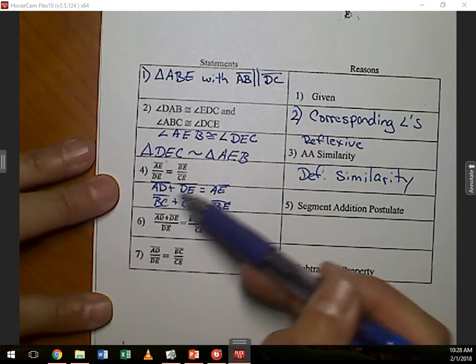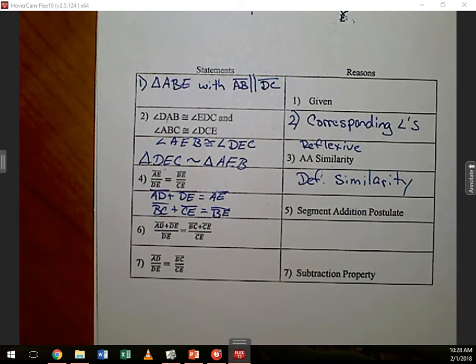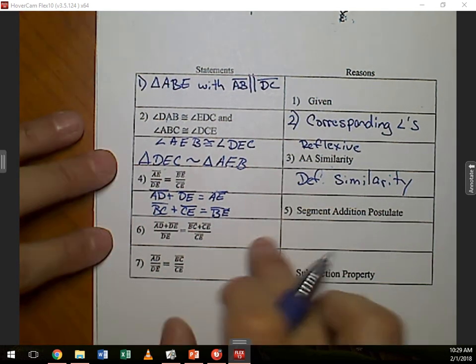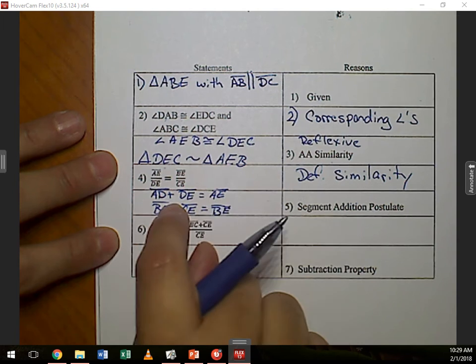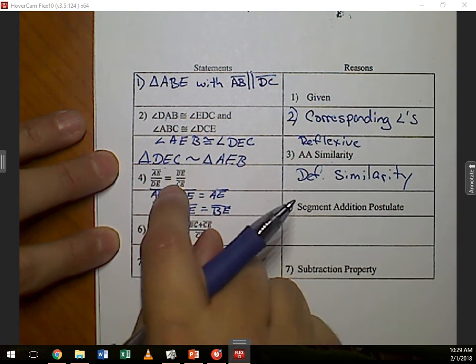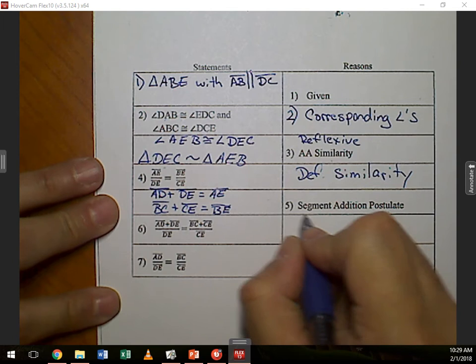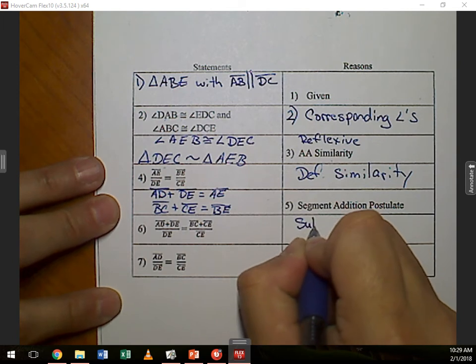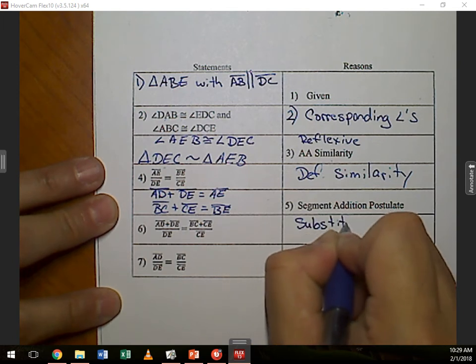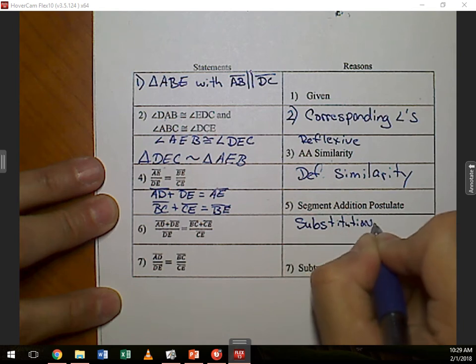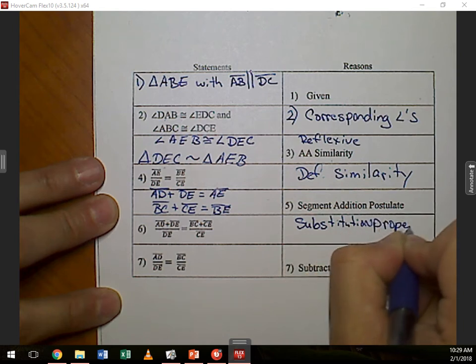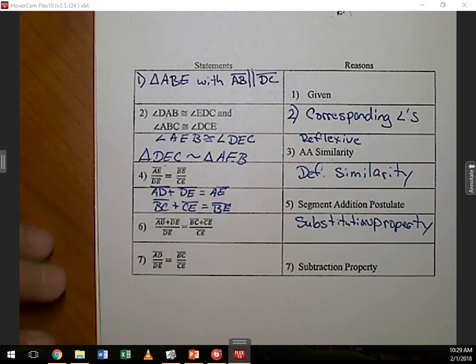Okay, and if I'm replacing one thing for another, what's that called? Transitive is a type of what we're doing, but there's a, huh? Very good, it is substitution. Okay, this one's going to be substitution because I'm replacing AE with that and BE with that. And I'm just using that same thing. So this is my substitution property.